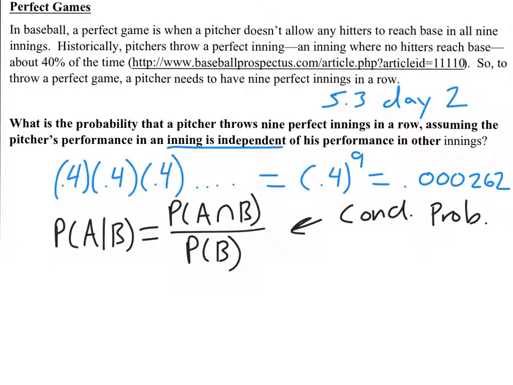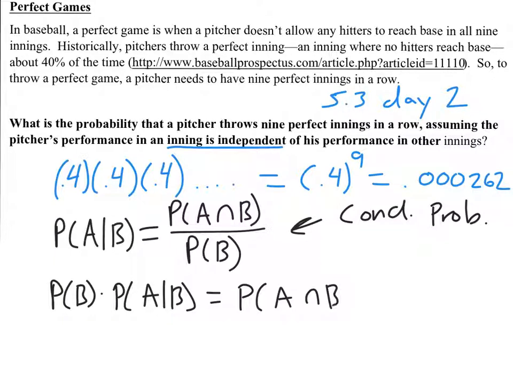Okay? What's going on here is actually kind of a different form of this formula. If I were to multiply both sides by the probability of B, I would get this. Same formula, just rearranged, okay?